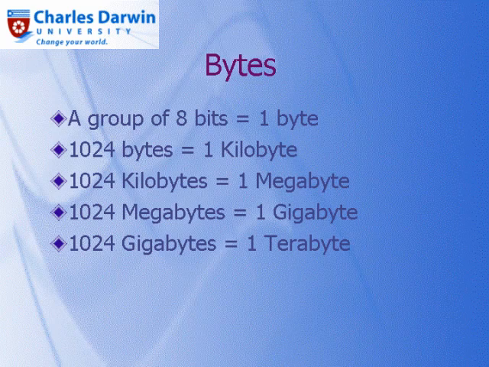When we're looking at bits, I suppose a group of 8 bits is a byte. 1024 bytes is a kilobyte. 1024 kilobytes is a megabyte. 1024 megabytes is a gigabyte. 1024 gigabytes is a terabyte. And 1024 terabytes is 1 petabyte.